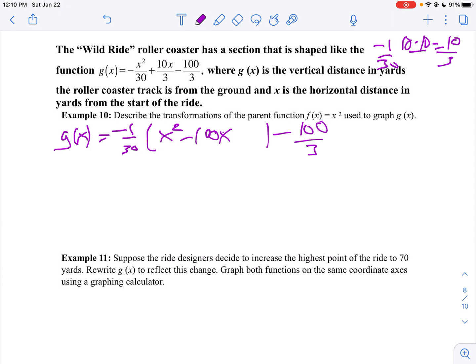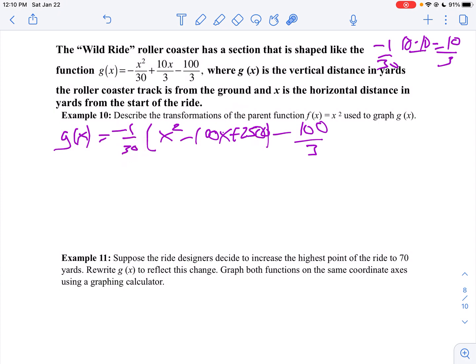Now I'll complete my square. Half of 100 is 50. I square the 50, I get 2,500. But actually what I'm doing is I'm adding a negative 2,500 over 30 to get that.